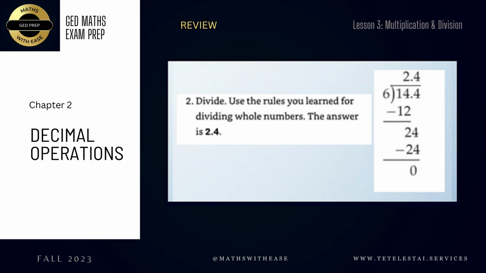So 14 minus 12 is 2. We bring down the 4, and this is what we have left to divide. 6 into 24 goes 4 times. And again, we say hi to the cousin. 6 times 4 is 24, right? And then again, we're asking ourselves, what do we have left to divide? Well, we know the answer is 0, because 24 minus 24 is 0, okay?